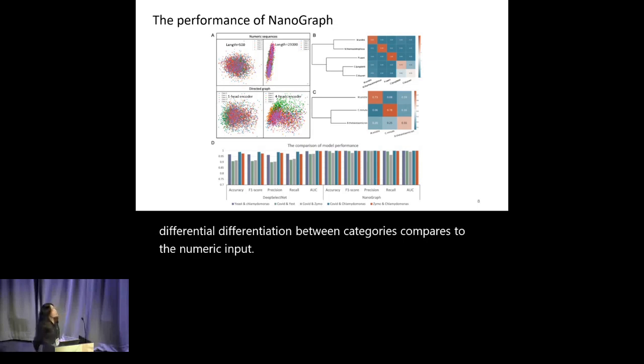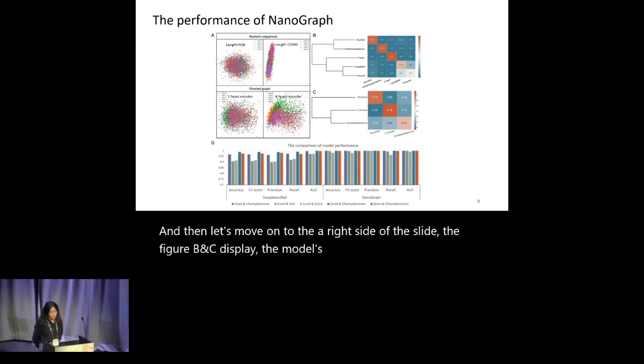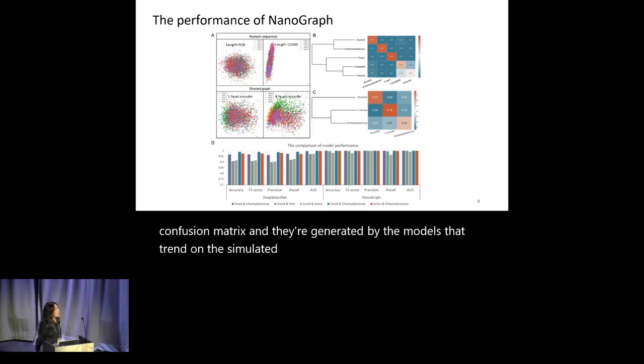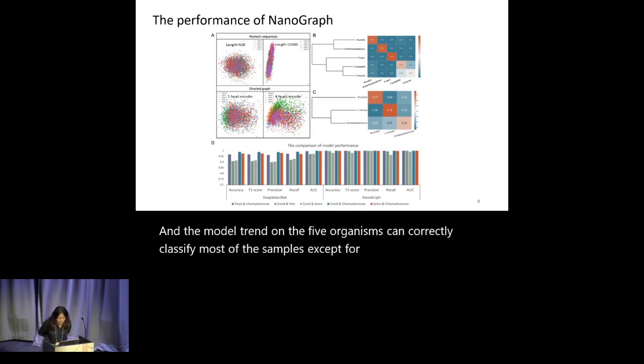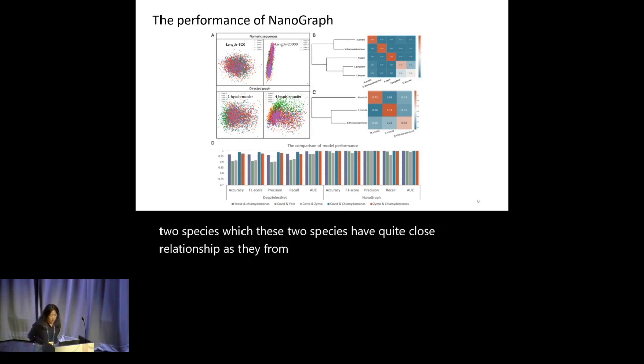Then let's move on to the right side of the slide. Figures B and C display the model's performance using the confusion matrix, and they are generated by the models trained on the simulated and the real signals respectively. The model trained on the 5 organisms can correctly classify most of the samples except for the samples from 2 species, which have quite a close relationship as they are from the same genus in terms of taxonomic lineages.